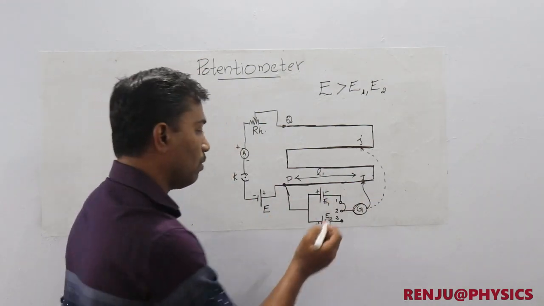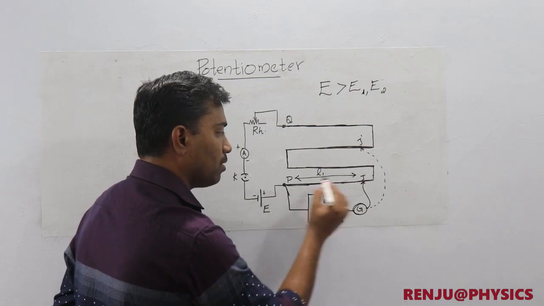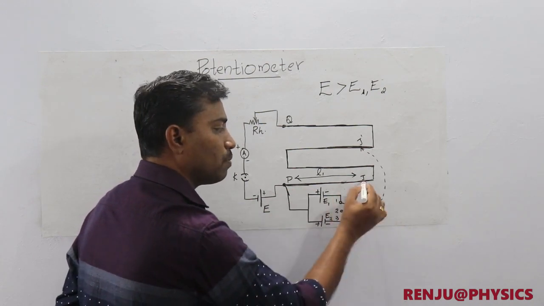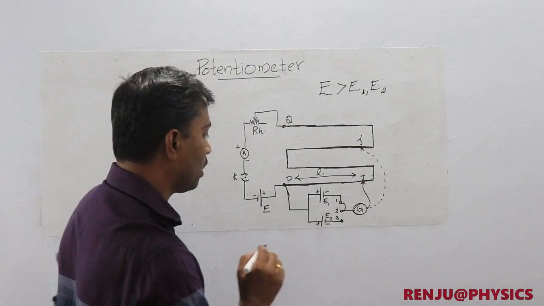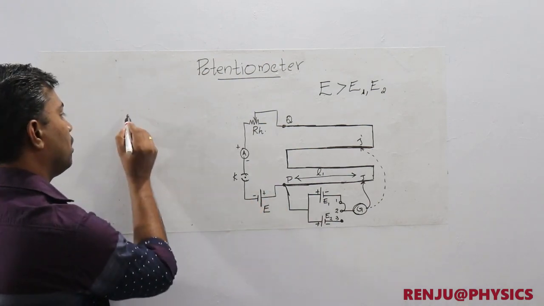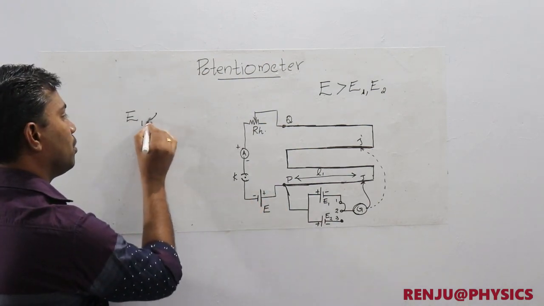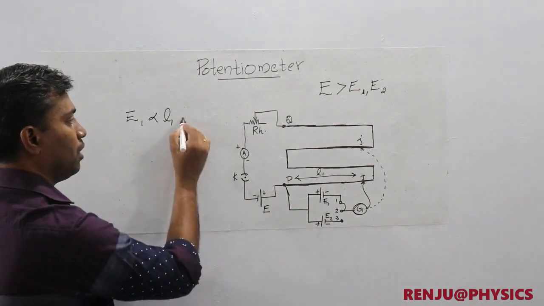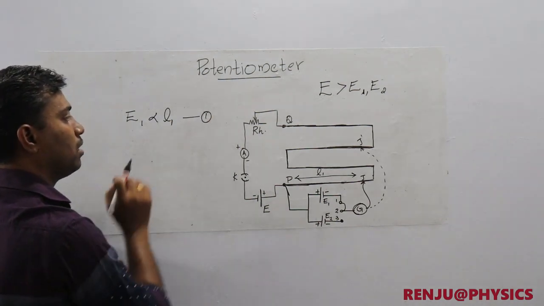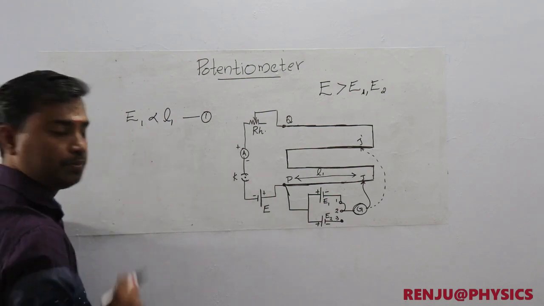According to the principle of potentiometer, we can write E1 is proportional to L1.